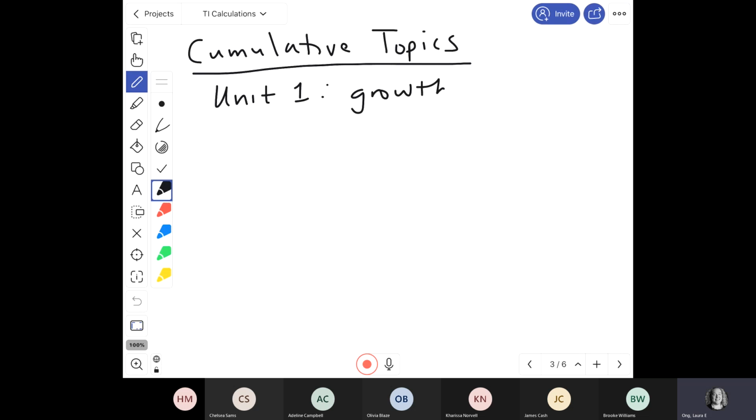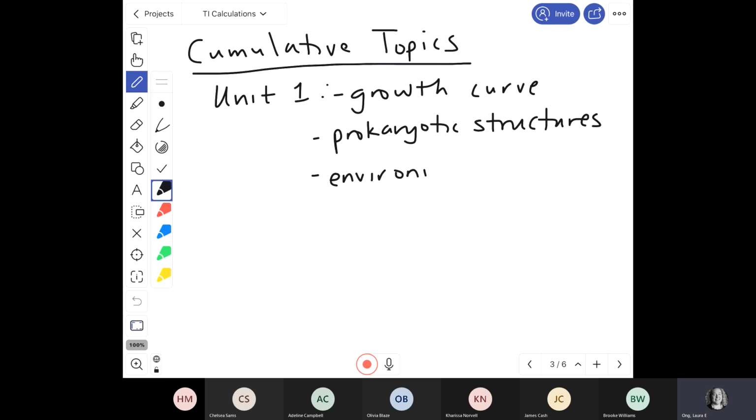You need to remember stuff about growth curve, about prokaryotic structures, and environmental factors. Those are going to be some of the major cumulative topics.